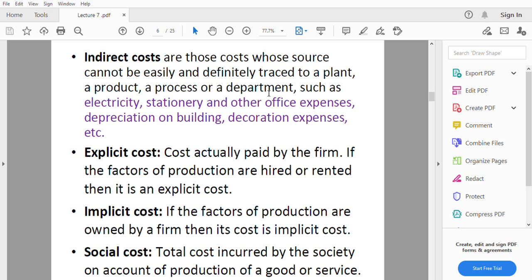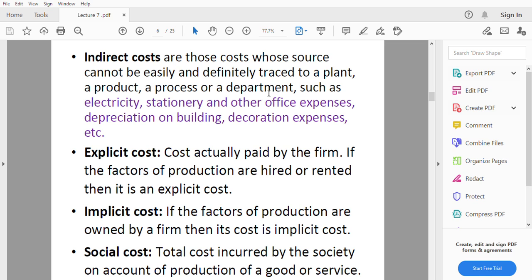Let me give an example. Assuming you are doing your own work, you are not paying yourself, so that is the implicit cost. Your efforts are not being paid, but if you had employed someone to do the same thing, you would have paid the person. So the payments that are not really done, but you are giving out something, your effort and others, is called the implicit cost.